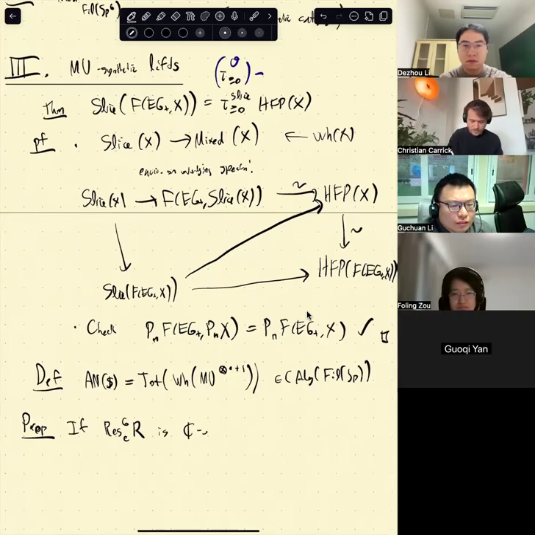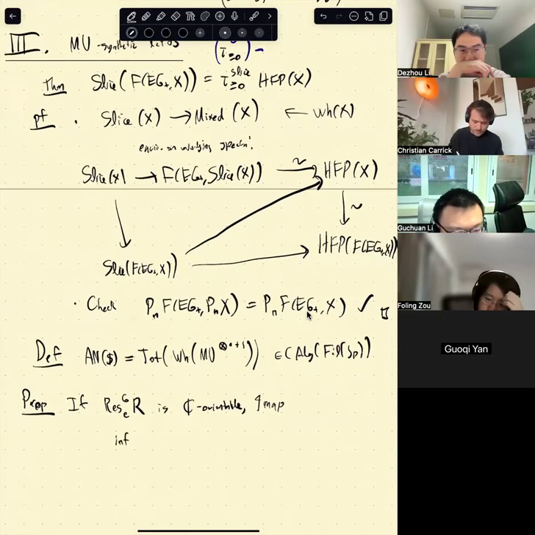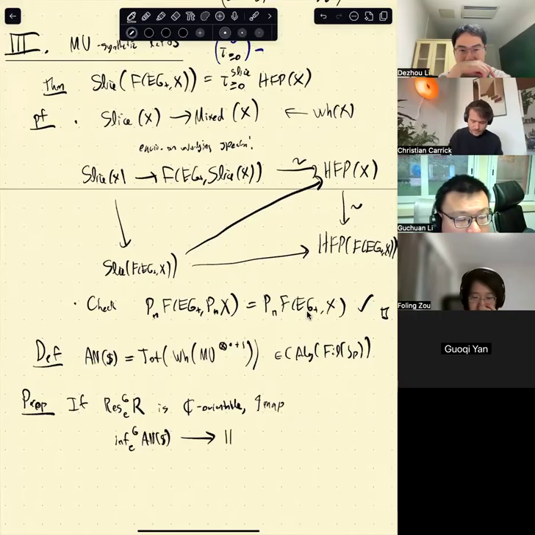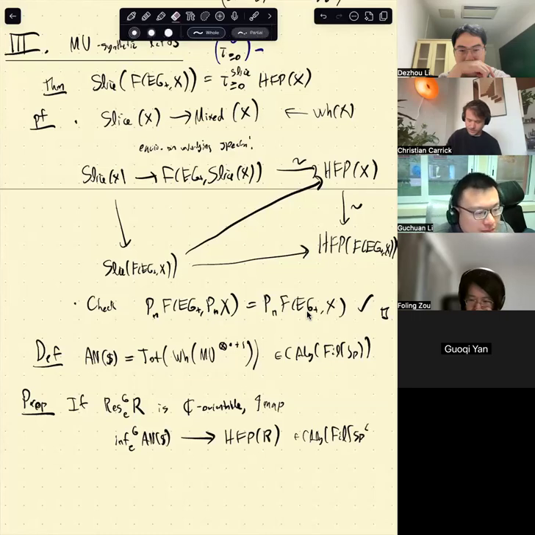If the underlying spectrum of R is complex orientable, then there exists a map from the inflation of the Adams-Novikov to the homotopy fixed point filtration of R. This is a map in commutative algebras in filtered G spectra.